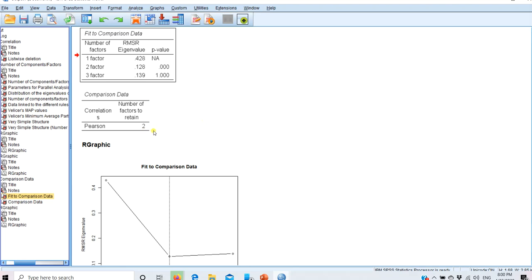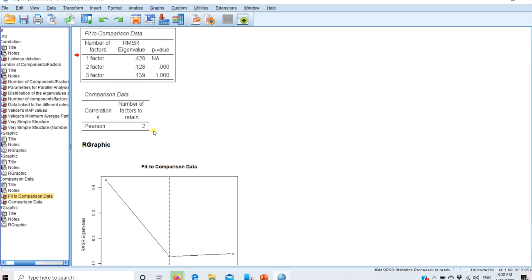Literature suggests that if various methods are converging, then the number of factors determined by these methods is likely to correspond to the actual number of factors.